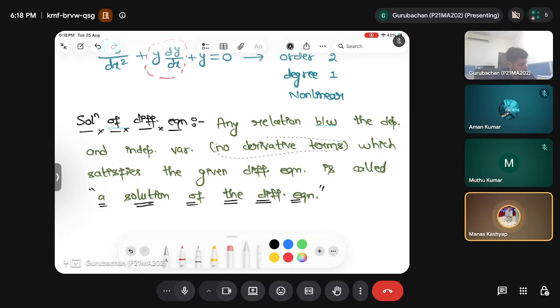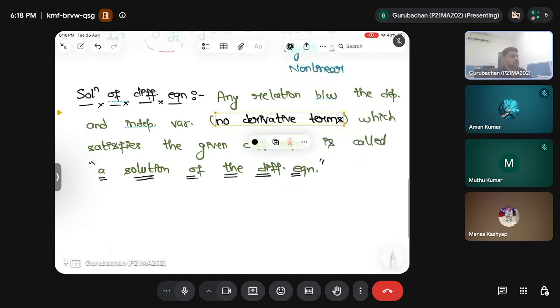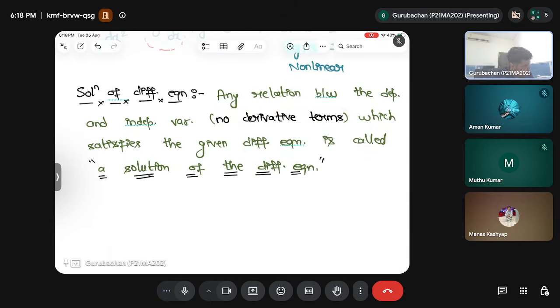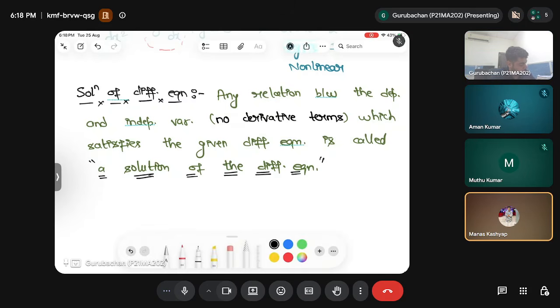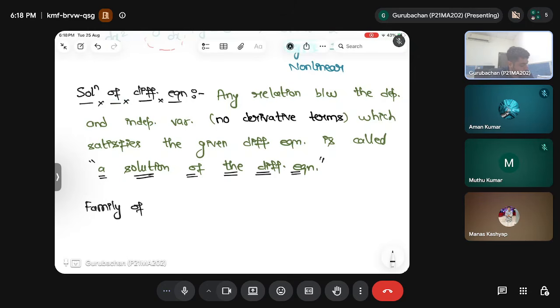The general solution of the differential equation that contains arbitrary constants C1, C2, and so on is called a family of curves.